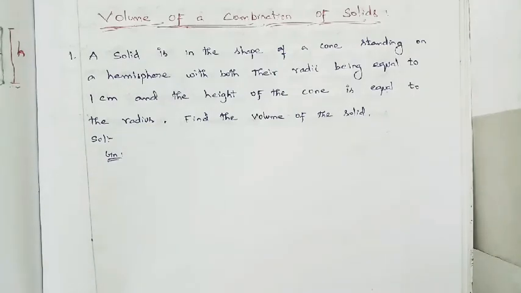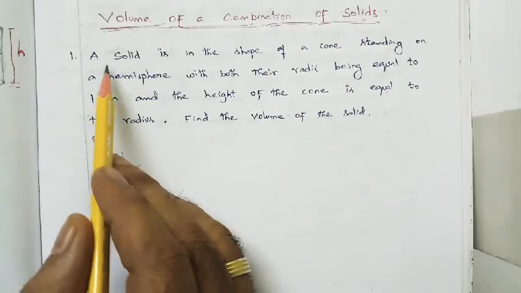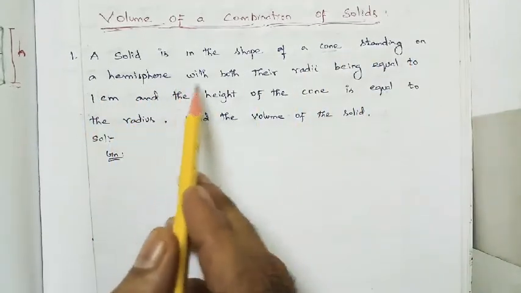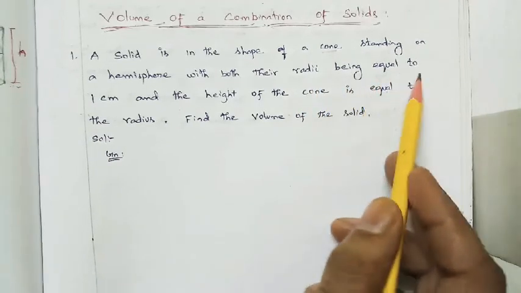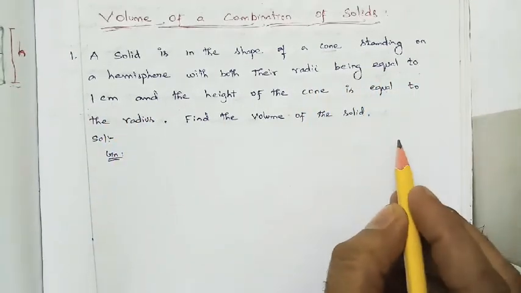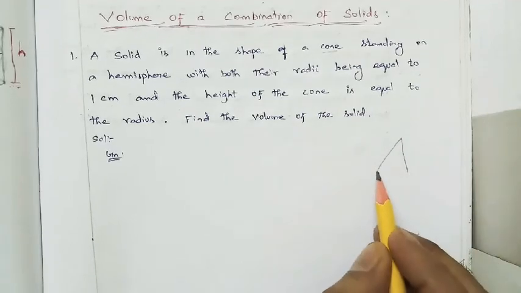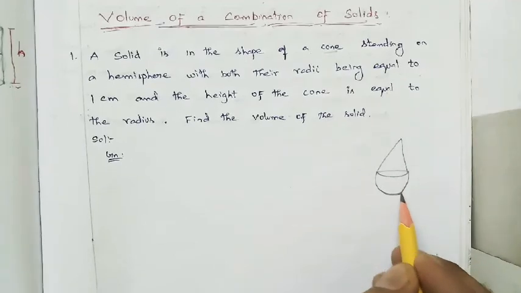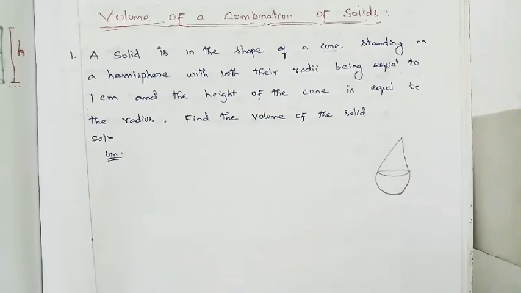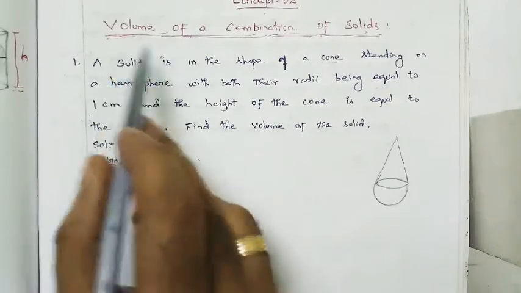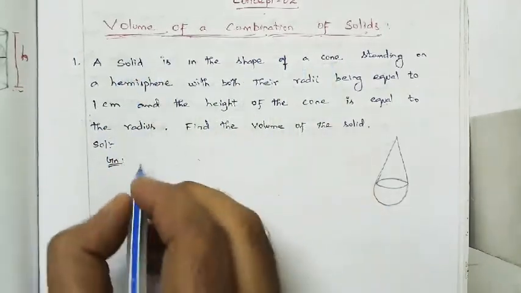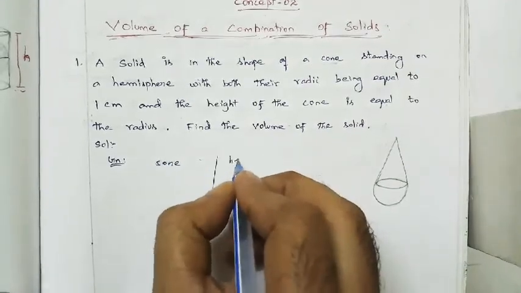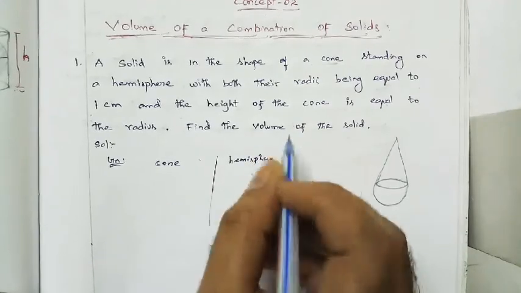Question number 1. A solid is in the shape of a cone standing on a hemisphere with both their radii being equal to 1 centimeter. So we are going to discuss a cone and a hemisphere.